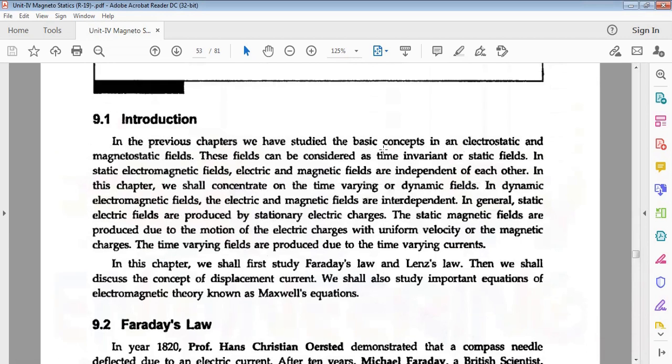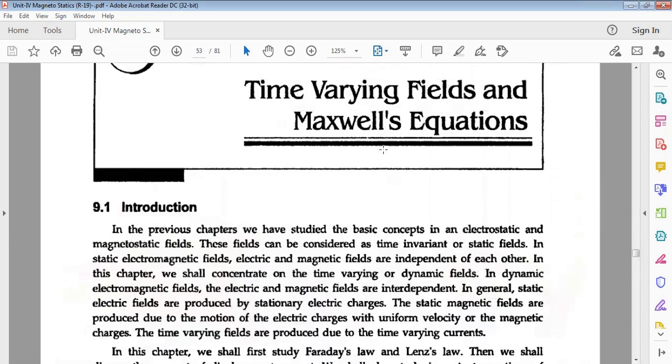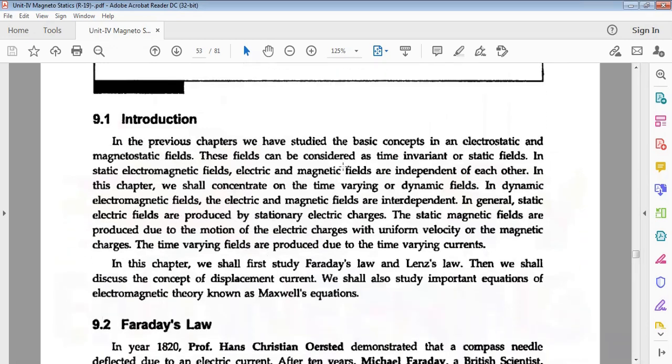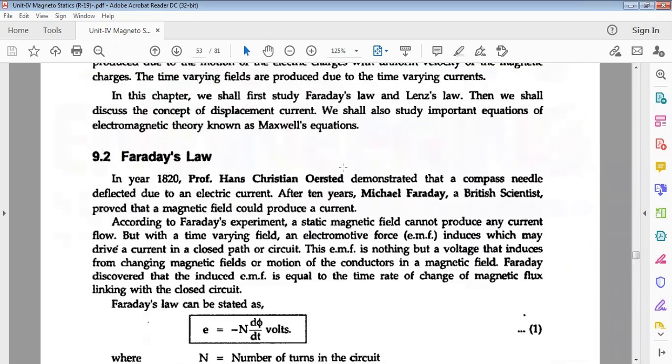Up to now we discussed magnetostatics, which is not time varying fields. Here the fields are time varying.